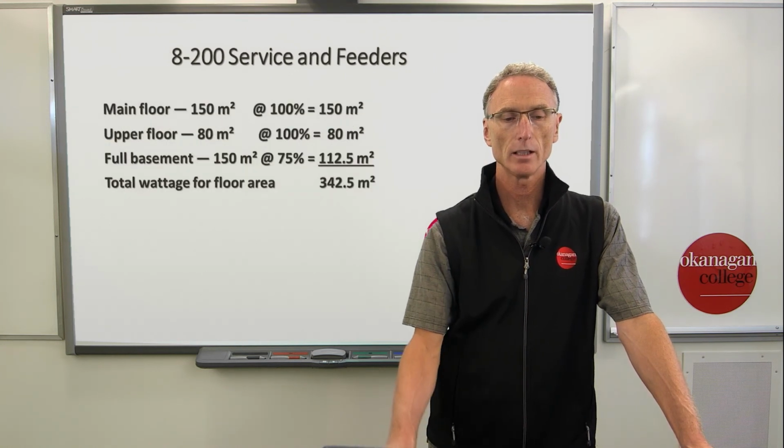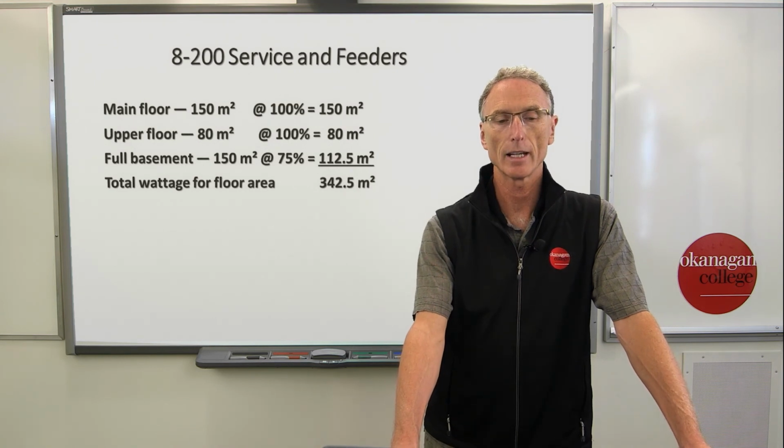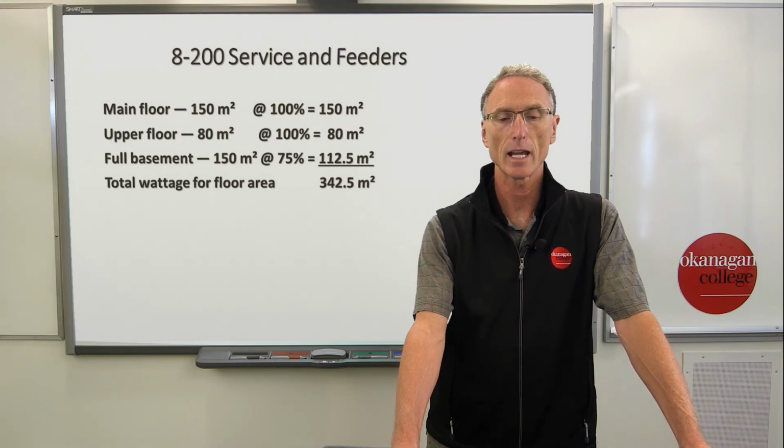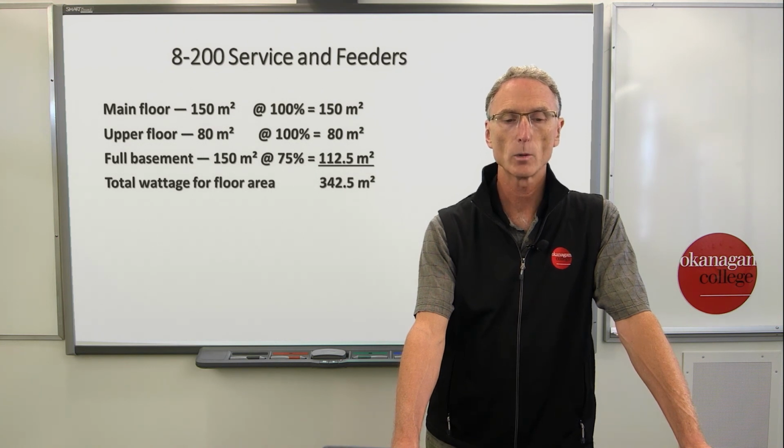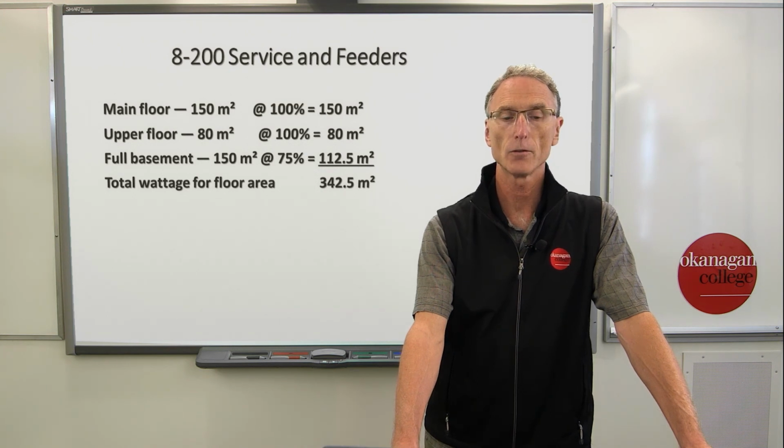So let's look at the main floor area and the upper floor and the basement floor areas and do our calculation. So on the main floor, we have 150 meters squared, and we're going to take 100%, as our rule says, of that area. So we have 150 meters squared for the allowance on that floor. The upper floor, we have 80 meters squared. Therefore, we're going to take 100% of that, and that gives us 80 meters squared for that portion. And our basement area, we were told it was a full basement.